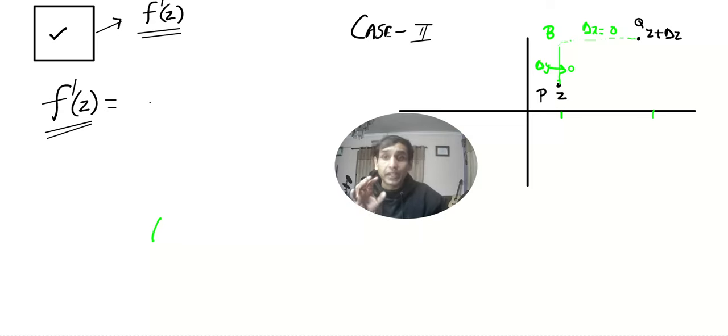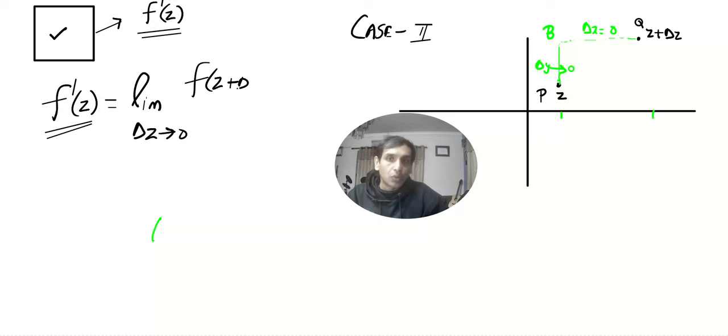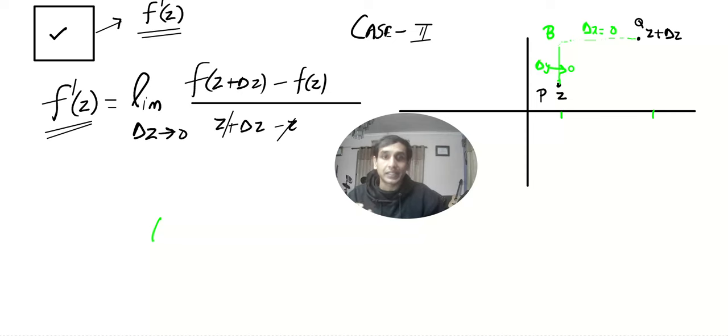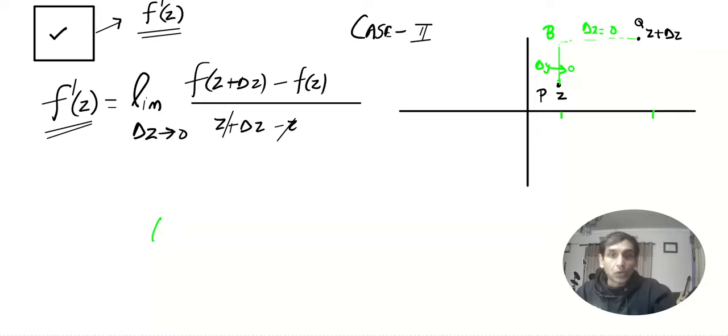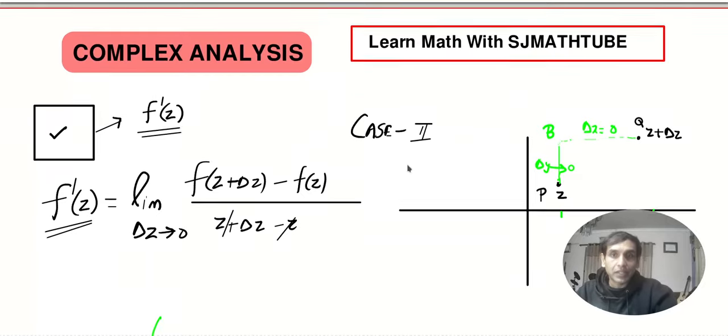Once more, what's the definition of derivative? Come on, try to write it yourself. Limit delta z tends to 0, change in output divided by change in input, and that will be nothing but delta z. Now, I hope you still remember that part.